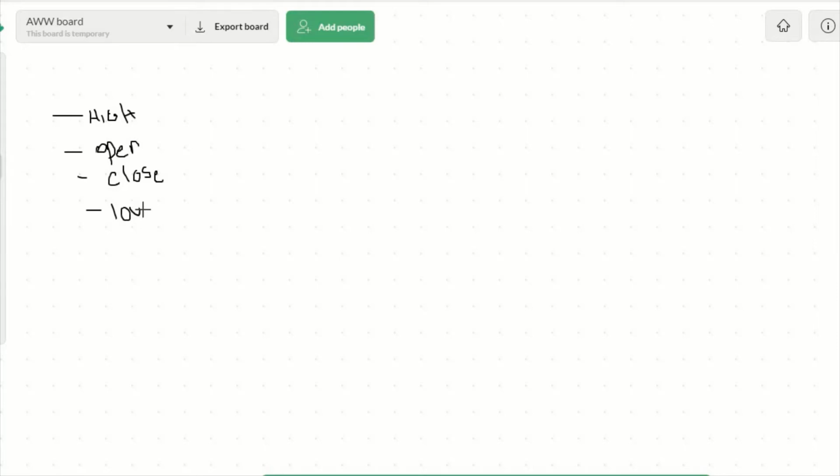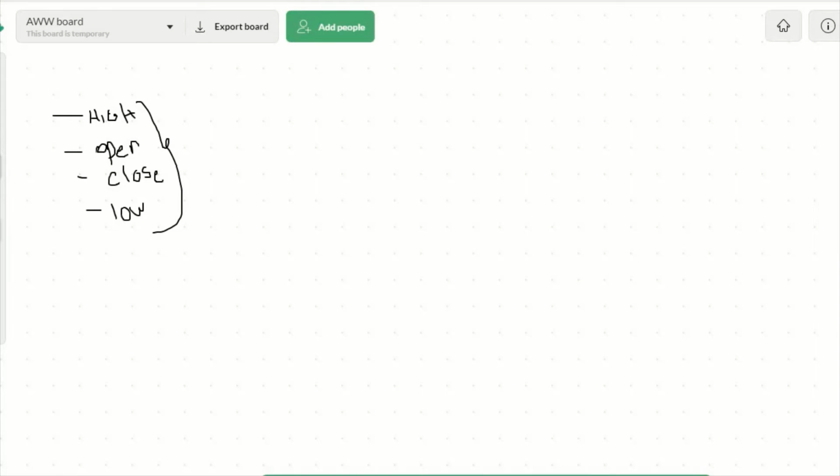These are all the components that a candlestick is made up of: a high, an open, a close, and a low.